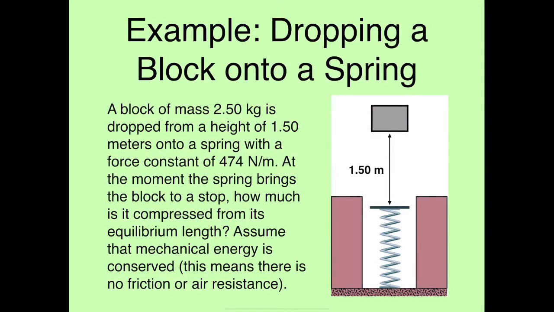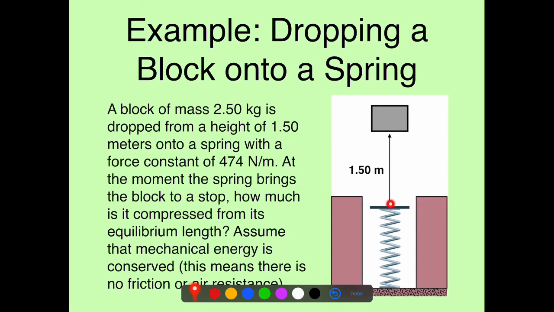Okay, so in this example, we have a block with a mass of 2.5 kilograms, which is dropped from a height of 1.5 meters onto a spring, which has a force constant of 474 newtons per meter. So what you want to imagine is the block is dropped and it falls straight down.